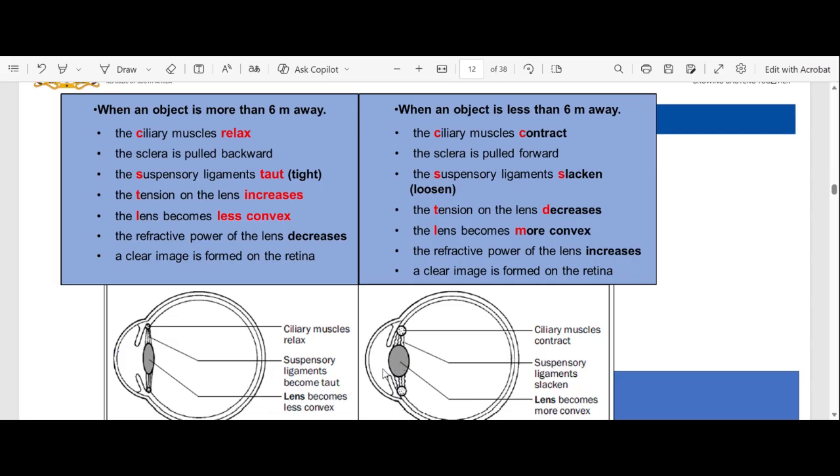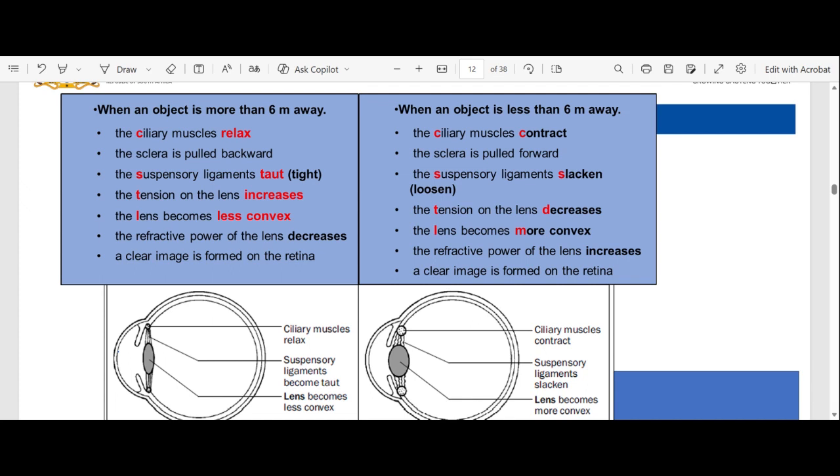And you see that the lens here is more convex as compared to this image for an object that is more than 6 meters. So here in this image, your lens becomes more convex. And when it becomes more convex, it means that the refractive power of the lens, or the bending power of the lens, will increase, right?